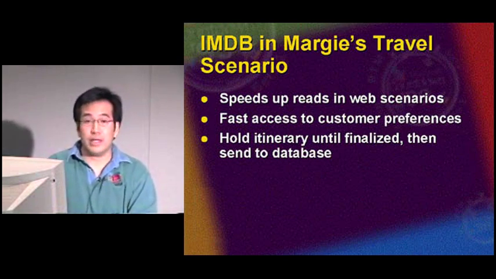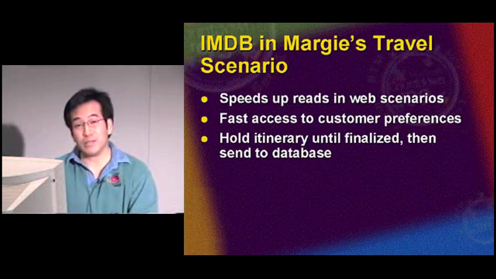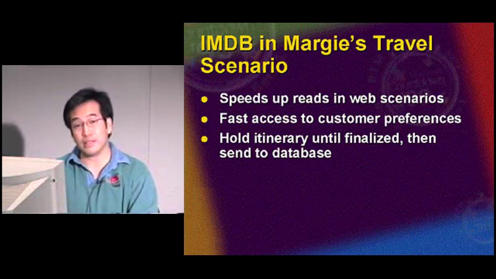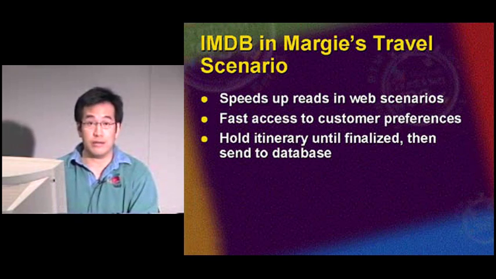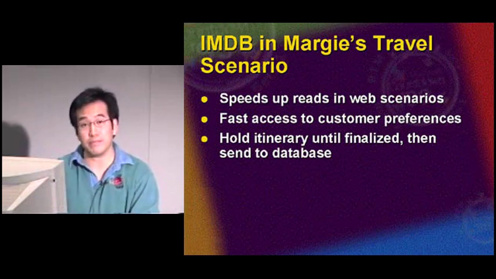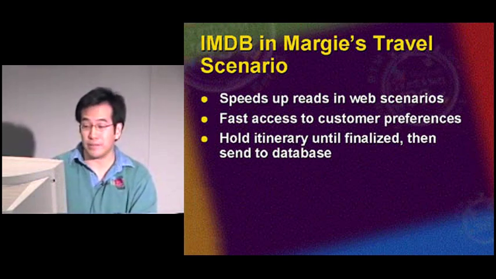Given that many web scenarios are heavily oriented towards the read case, there's a big opportunity to insert IMDb into web scenarios where the data which is read quite repeatedly by a website can be identified and placed into IMDb cache, whether it be from SQL Server or Oracle tables, or some other type of data that was created dynamically and loaded into IMDb.